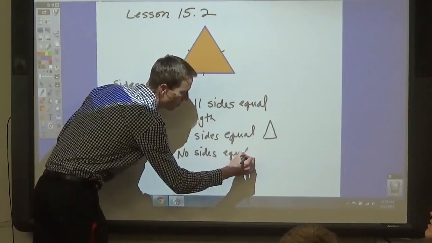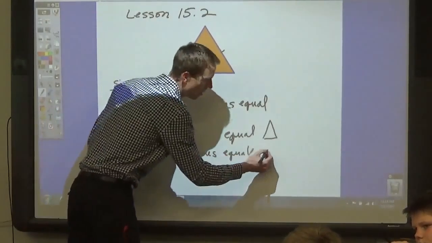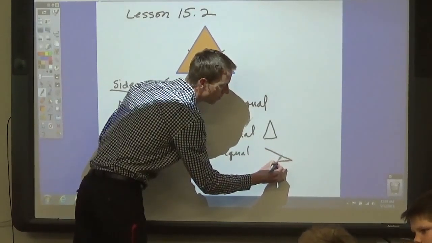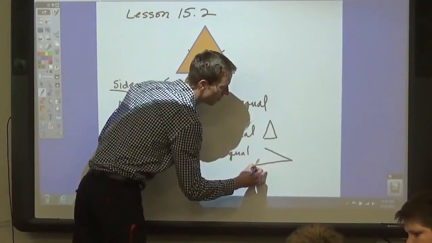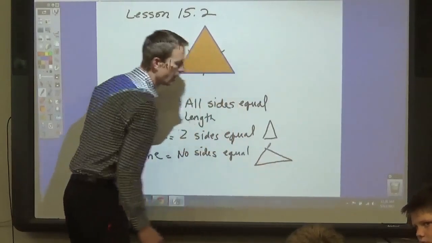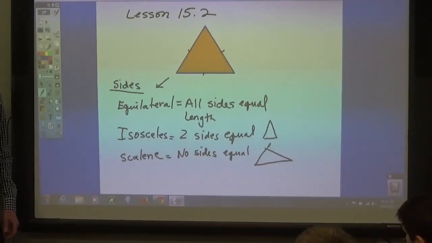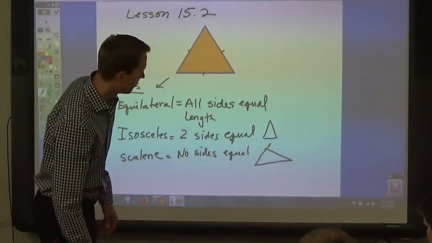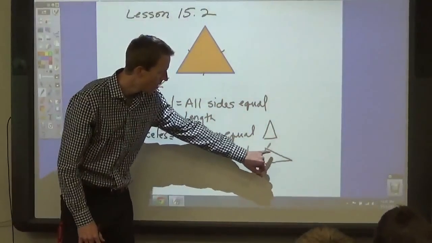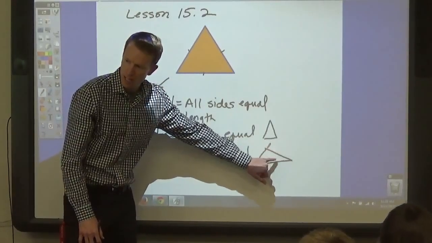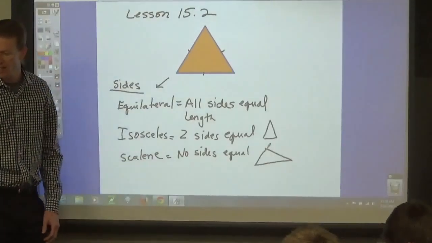So if you were to sketch one, maybe this side is shorter. This is the shortest side, this is the next shortest side, and then this is the longest side.